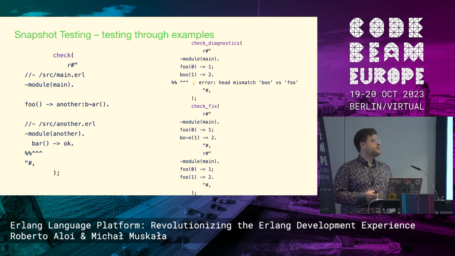And the good thing about all of that is that those are self-updating, right? So if you change the code to do something else, you can just rerun your test suite with some flag, and all the tests will be updated to reflect the change, which is extremely useful if you're just developing or updating or fixing bugs and stuff like that. It speeds up things tremendously if you don't need to go and fiddle with the text all the time.